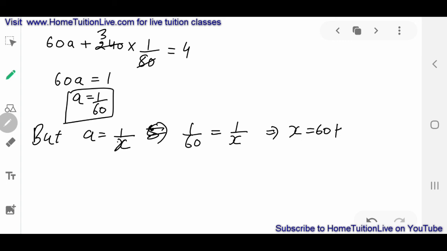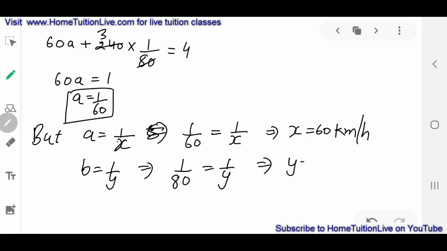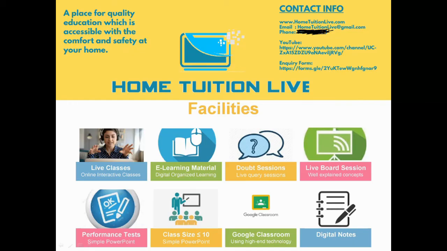So we will write it as 60 km per hour. Same way, b is equal to 1 upon y. This implies 1 upon 80 equals 1 upon y. And y is the speed of the bus. So y is equal to 80 km per hour. So we can write it as speed.